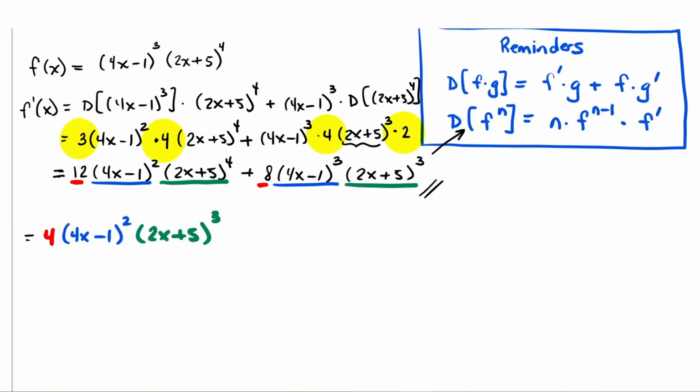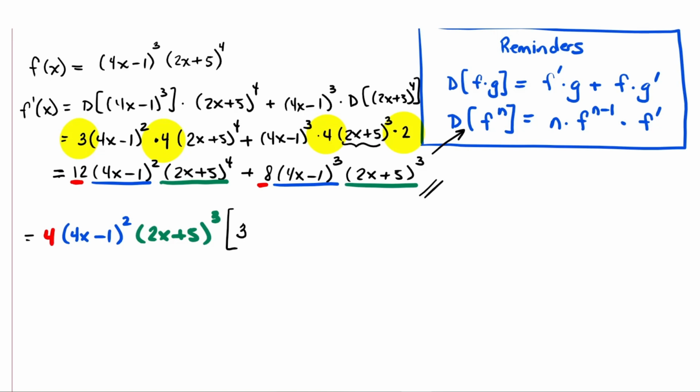Now since there is a chance for parentheses inside, I'm going to use brackets to set this off. So if I factor a 4 from the 12, that leaves me with a 3. We're factoring out both factors of 4x minus 1, so there's not going to be any 4x minus 1s there.